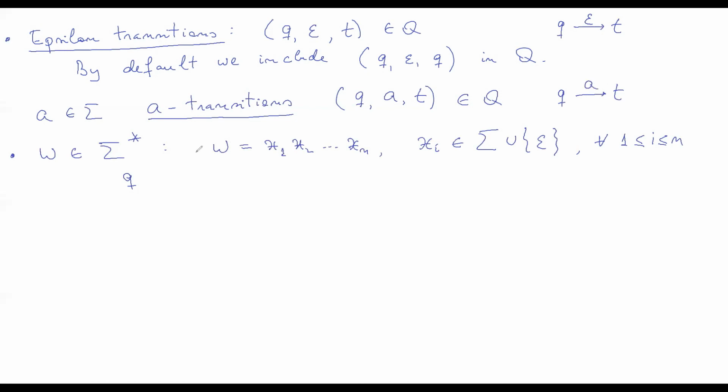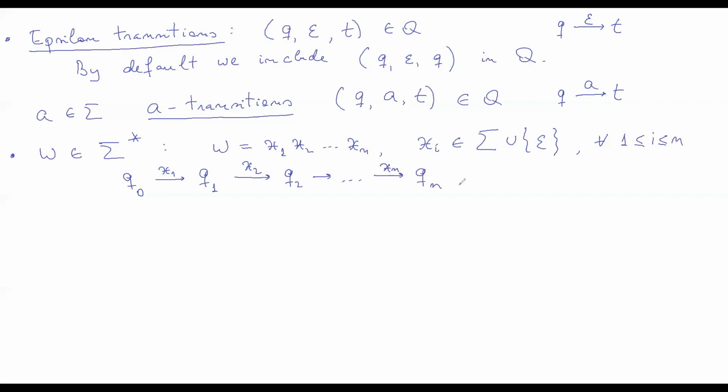So doing a computation on word W, what this means is that you simply start in Q0, and you go with x1. X1 is either a letter or an epsilon, and you go to a different state, or maybe the same. So you go to a state Q1, then you continue your computation, and you end up in state Q2, and so on. In the end, you get to a state Qn.